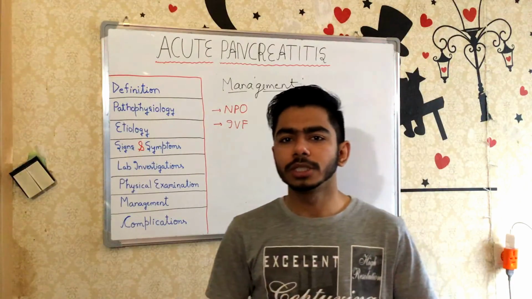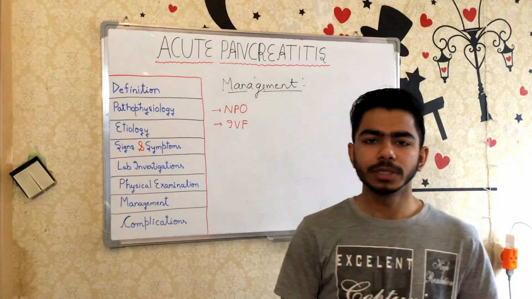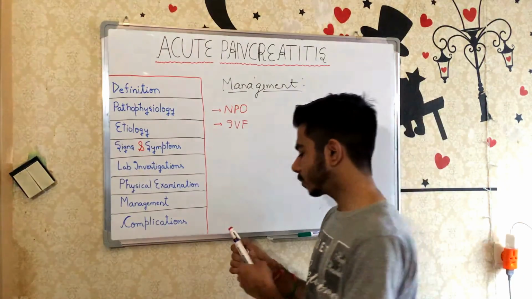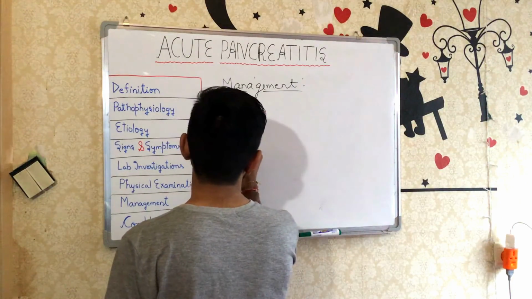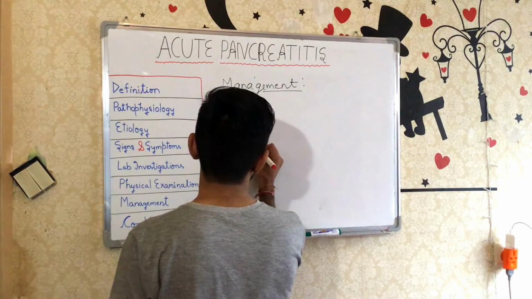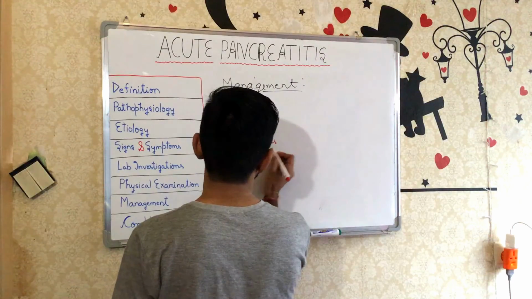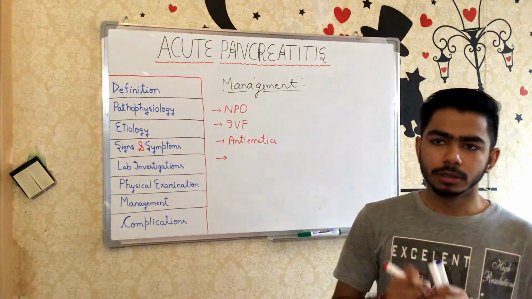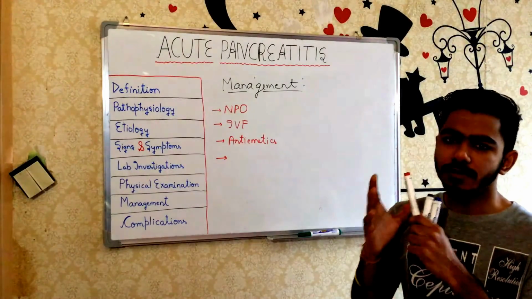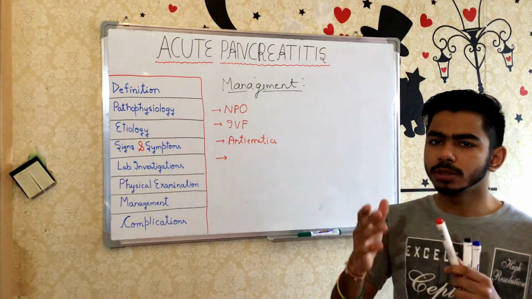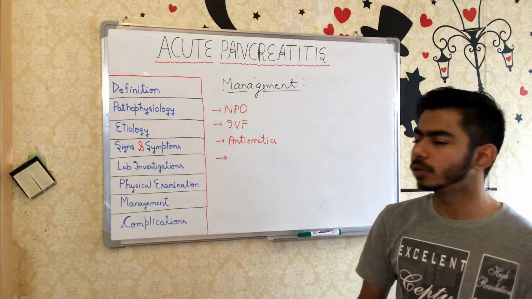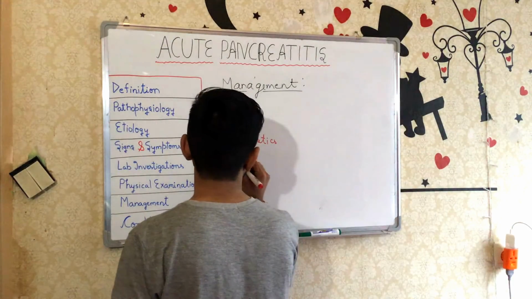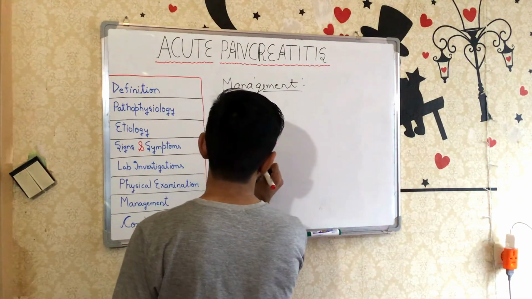Now, as these patients have nausea and vomiting, they should be given antiemetic drugs. Also, as the pancreas is inflamed in such cases, there could be bacteria over there, so you should give them antibiotics.